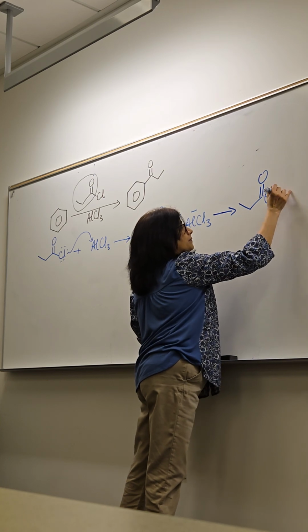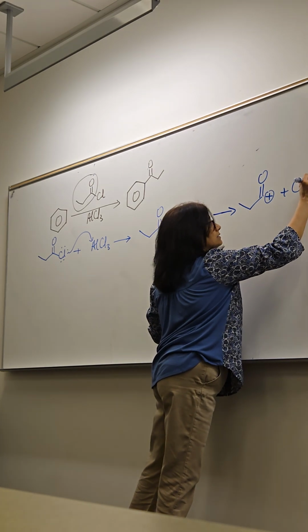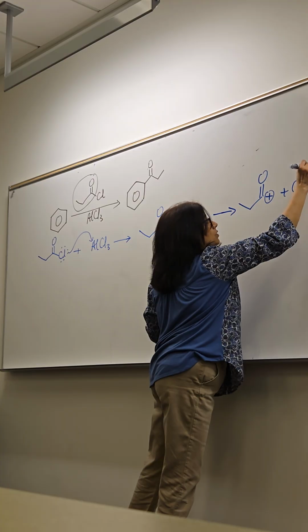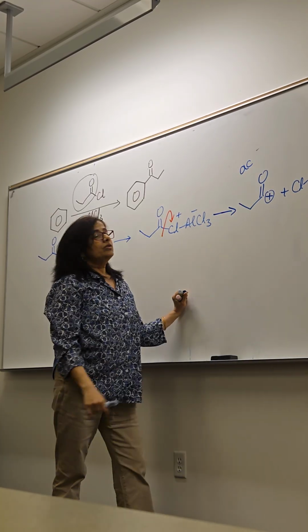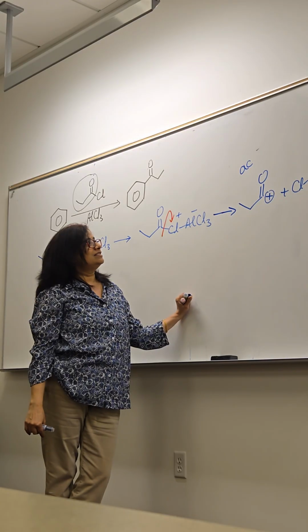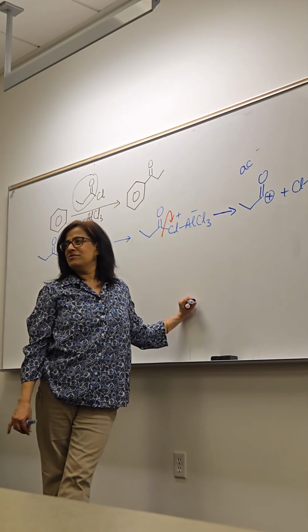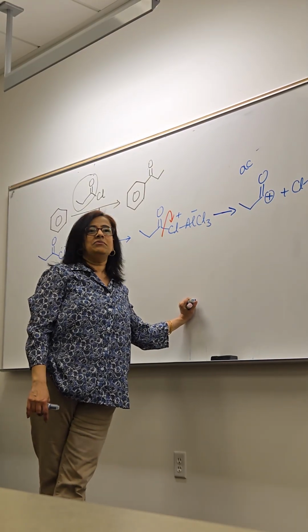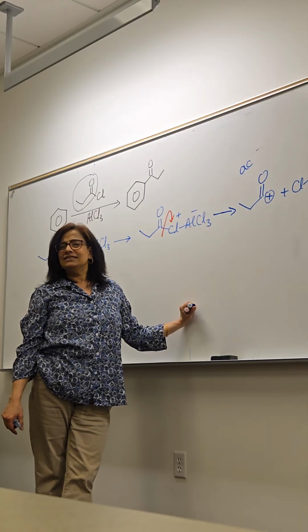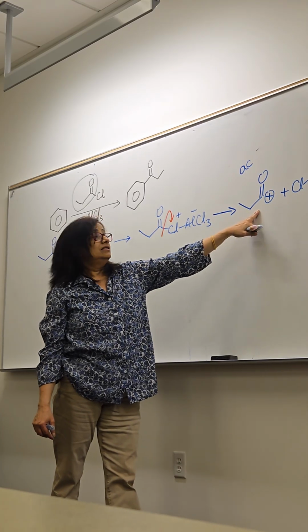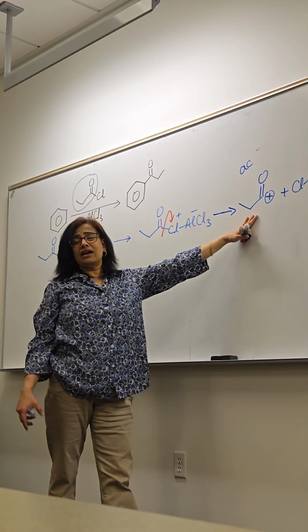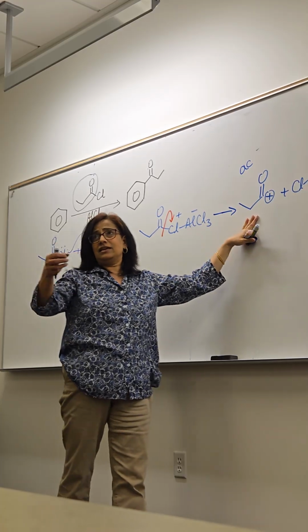Do you agree? Yes. This is called, and maybe you can guess what that is called, because we organic chemists are not very creative with our naming. Guesses? Acyl cation. But how do we indicate that it's a cation?